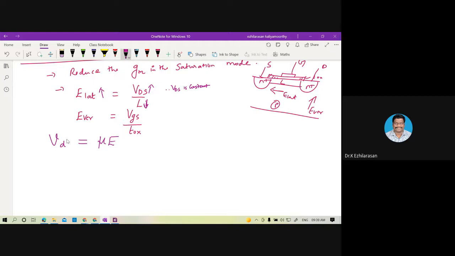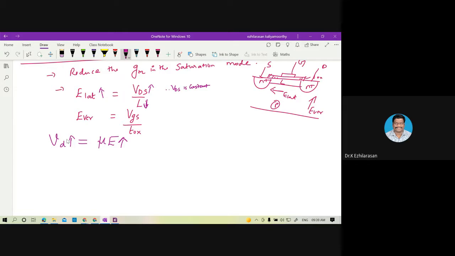So that will be based on the mobility, in the sense of VD. As the electric field increases, automatically the drift velocity will also increase.